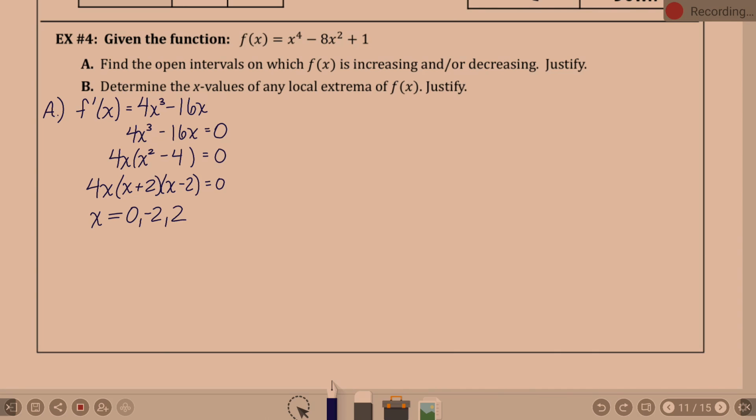Order doesn't matter. The only thing I will say is if you set x squared minus 4 equals 0, when you took the square root of 4, did you remember plus or minus 2? That would be my only word of warning. But I don't care which way you go here.